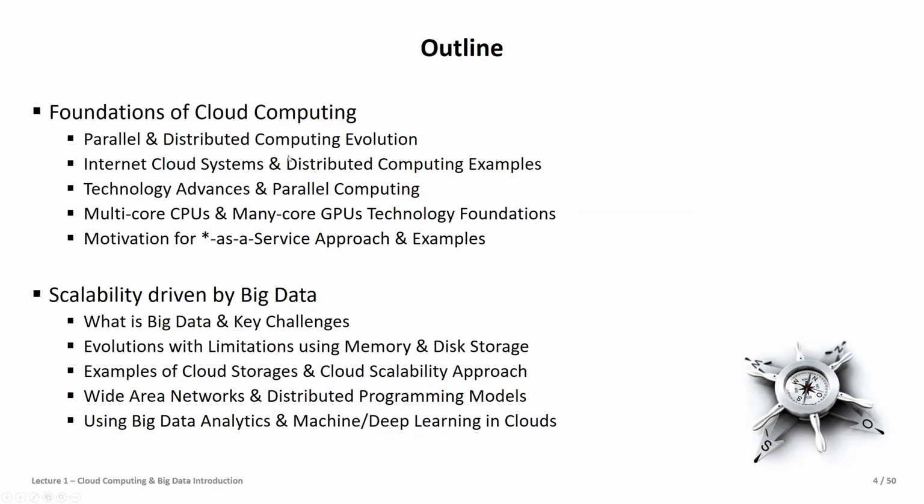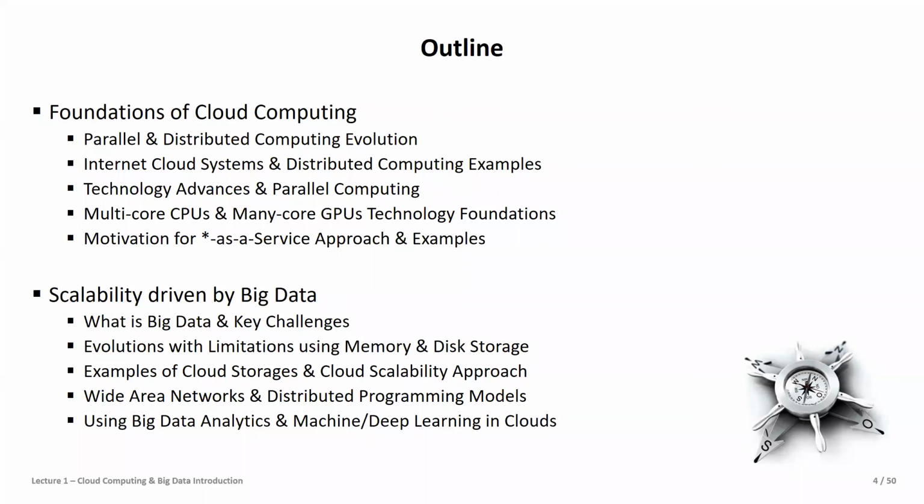It started with parallel and distributed computing in the past. We had lots of technology advances on the way that enabled parallel computing. Using systems for multiple users is one way to think about parallel computing, but of course parallel computing is meant here such that one instance of a program can also run on multi-core CPUs and use the advantage of GPUs, as many-core GPUs we will talk about today, and then what different as-a-service approaches came along.